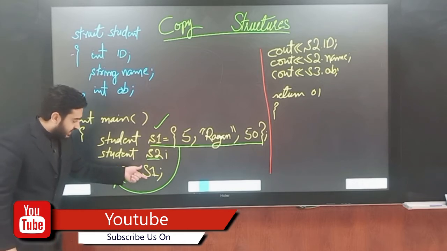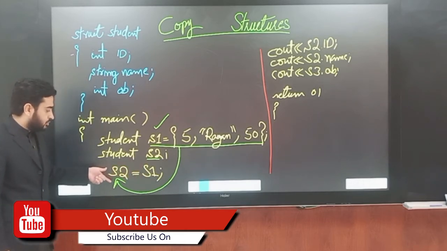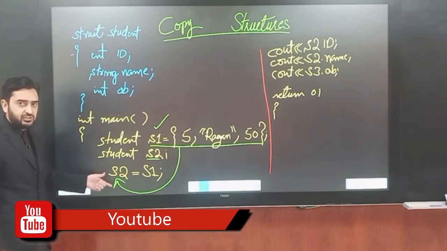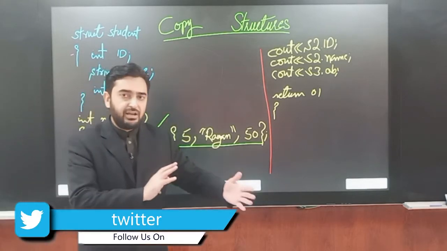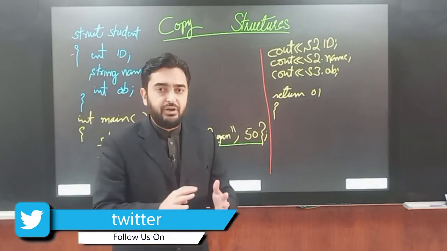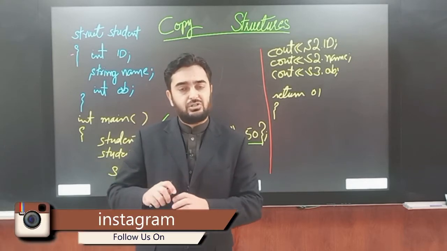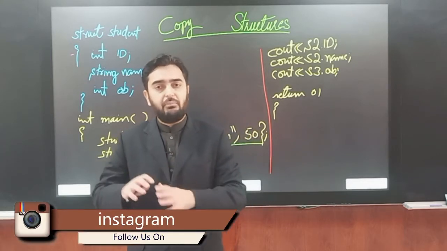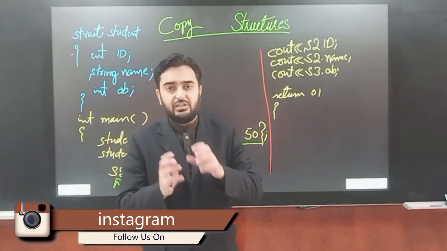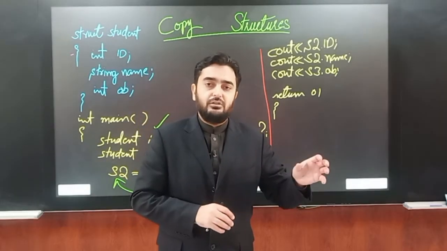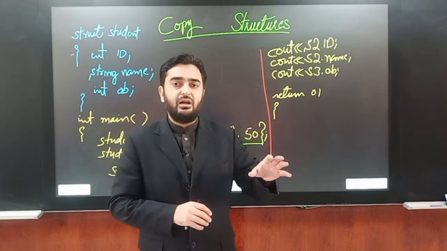We can assign all values into s2 by following this syntax, just like we do for normal variables. If you declare two variables and you assign one variable a value, you can just write down the name of the other variable, then the assignment operator, and then the variable which you have already assigned a value.